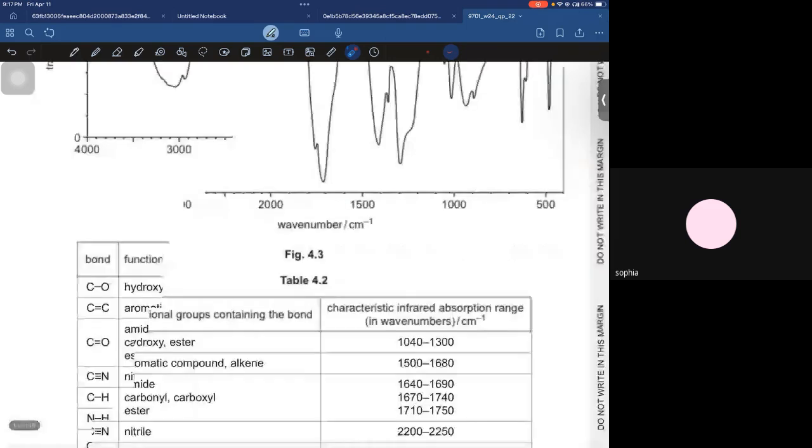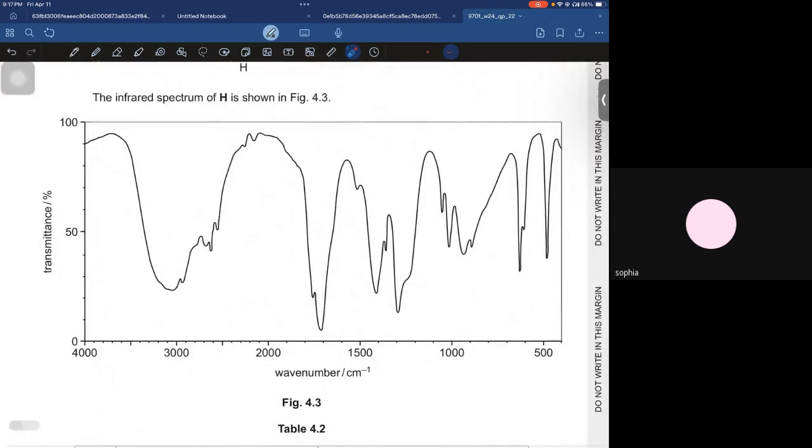So let me see the infrared spectrum. It is going to give you the peaks, this and this. I can say that this peak is from 2500 to 3000, approximately 3500 cm⁻¹.